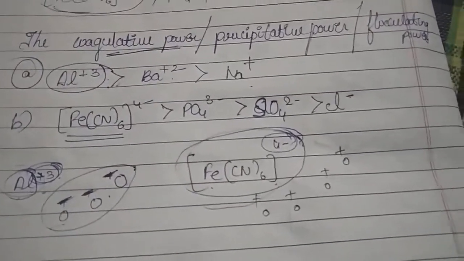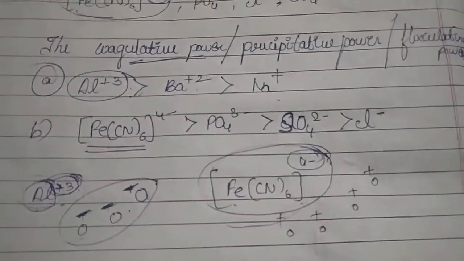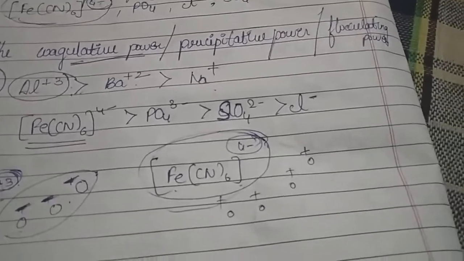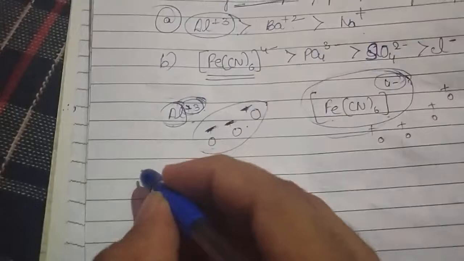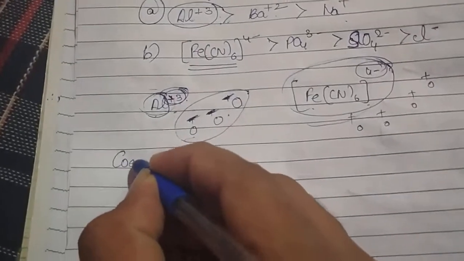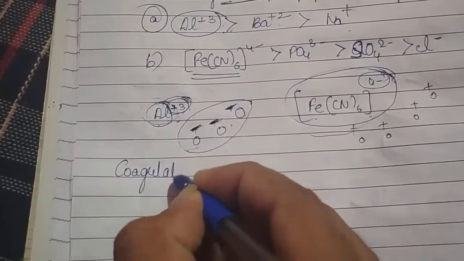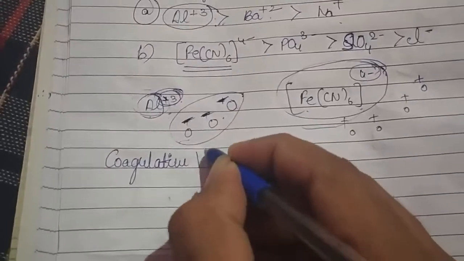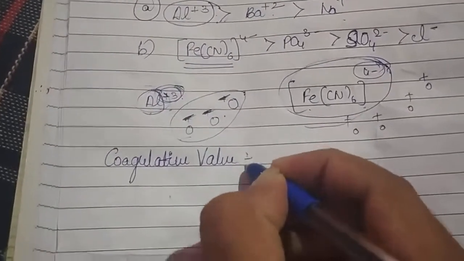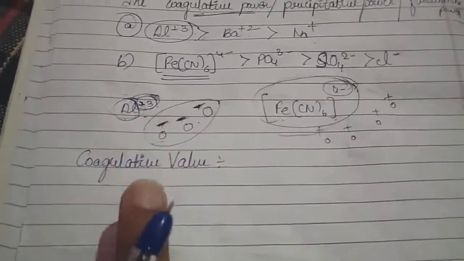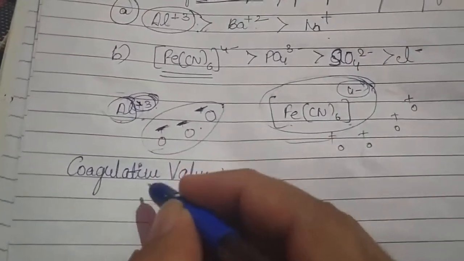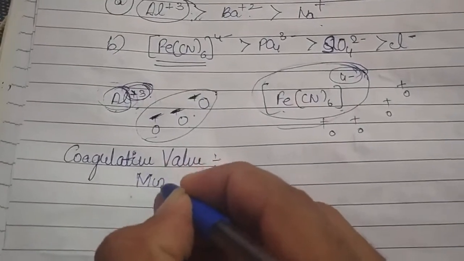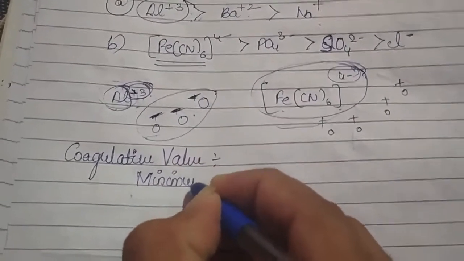But I would like to mainly focus on your competitive exams. Whenever we are measuring the coagulative power, it is not the power that we actually measure. Instead, we measure a value which is called the coagulative value. So what is this coagulative value? First let us understand.